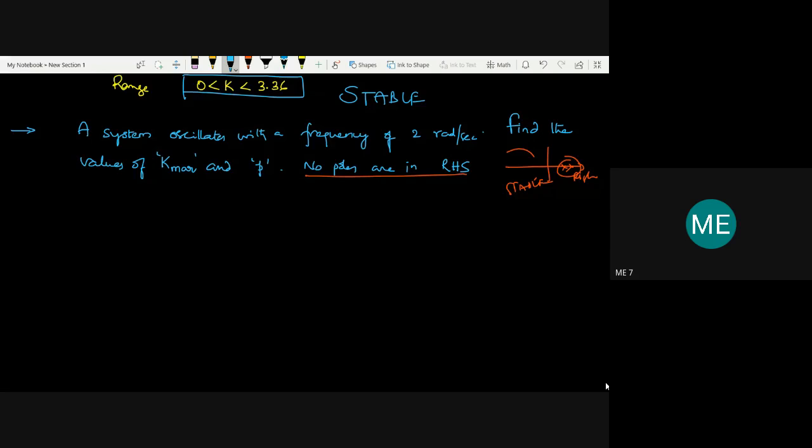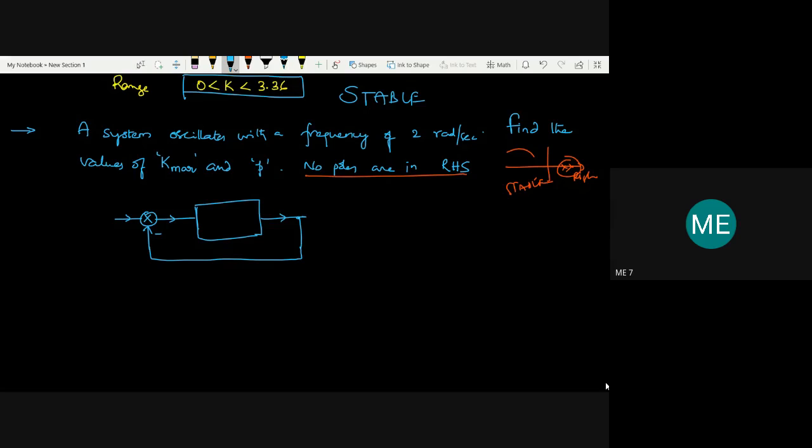Next we need to know the characteristic equation. For that he has given the block diagram of a system. From this block diagram we need to find out the characteristic equation.